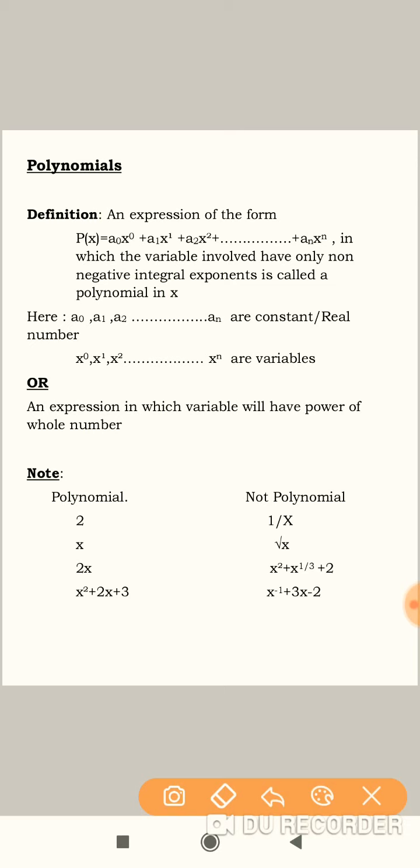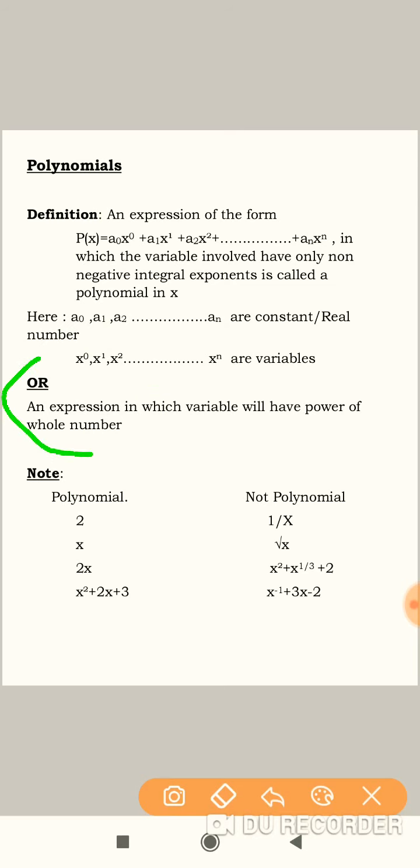Here a0, a1, a2, so on to an are called as constants or real numbers, whereas x raised to 0, x raised to 1, x raised to 2, so on to x raised to n are called as variables.